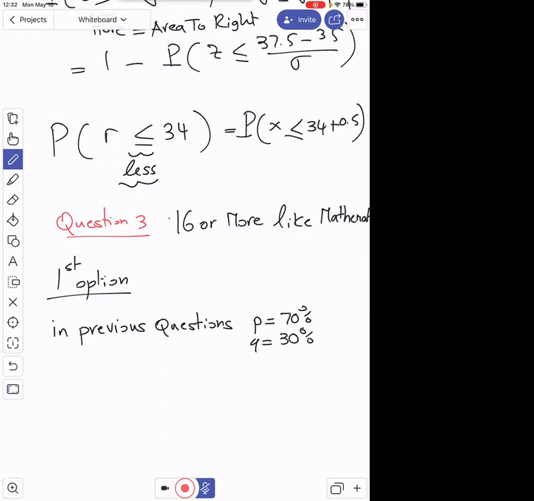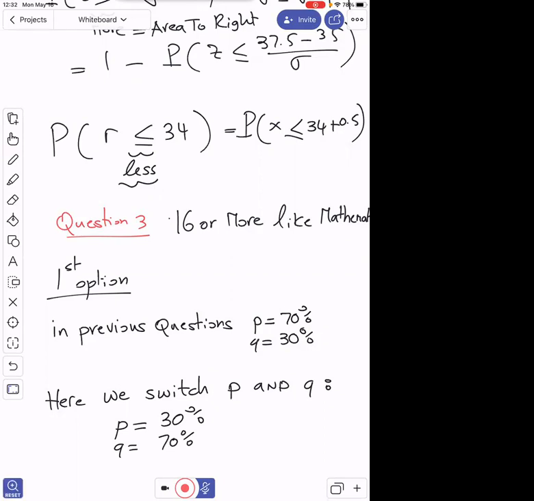So here we can switch P and Q. Then to answer this question, we use P equal to 30% and Q equal to 70%.